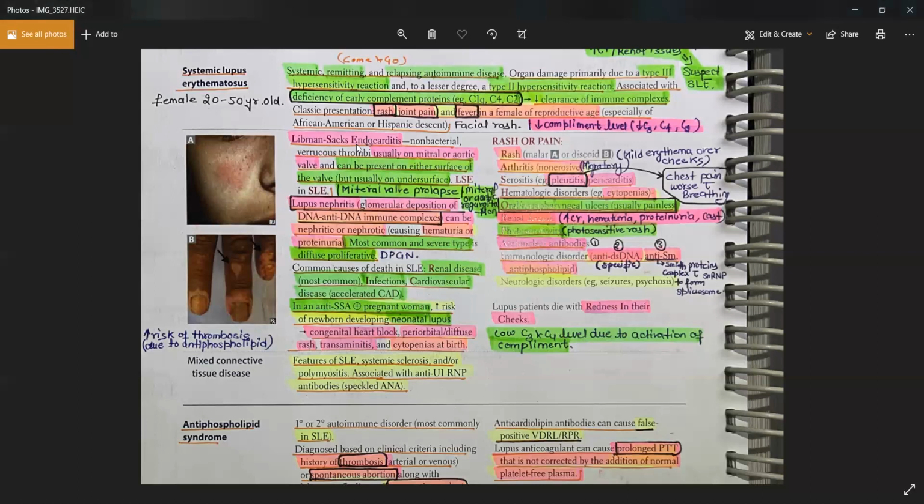Okay, it could be an upper surface, it could be a lower surface, mostly the upper surface, right, facing the auricles. Similarly, in case of Libman-Sacks endocarditis, you will be having a bilateral deposition of these complexes, and as a result, on both sides of the valves, you will get the vegetation formation, and that can cause the endocarditis. It will always present with a regurgitation murmur as well as fever, right?